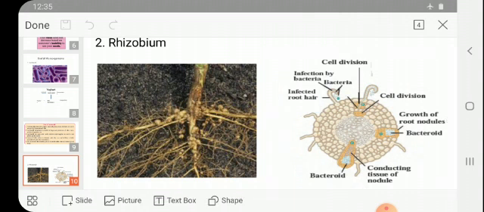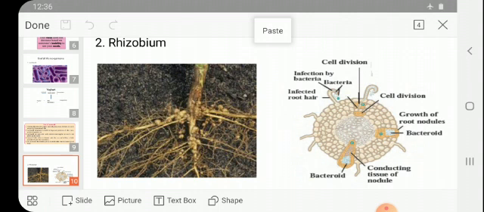It causes disease very rarely in human infection. Whatever the wound or whatever the after operation surgery occurs, the infection may occur through the rhizobium type of bacteria, which is the only harmful one. Otherwise, all species of rhizobium bacteria are useful.